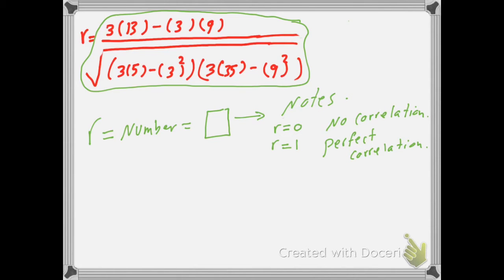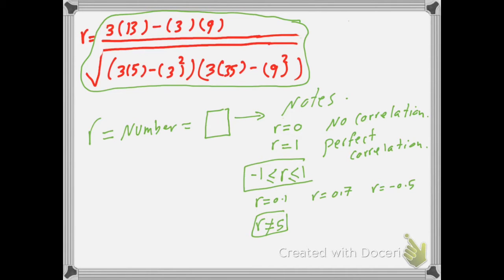But in general, the values of r will always be between -1 and 1. Like r can be, suppose, 0.1. It can be 0.7. It can be -0.5. But it cannot be 5, because as I said, the value of r should be between what?